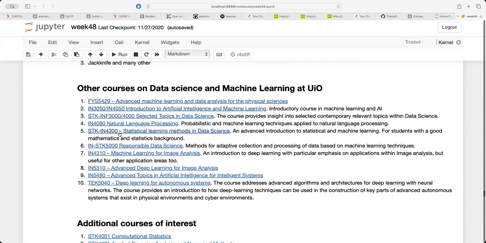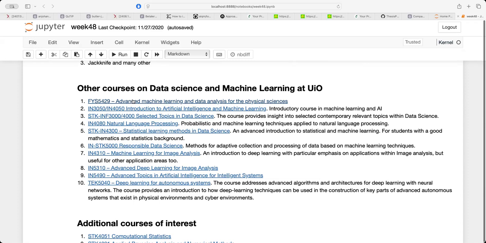These courses which you have here, IN4310, cover convolutional neural networks, and the same applies to this course here, Physics 5429, because image recognition plays an important role in many different fields, from scans of the brain to classifying a specific event from a particle detector.